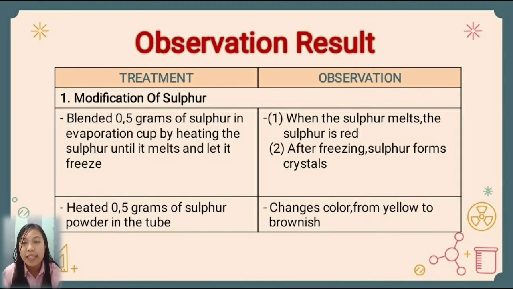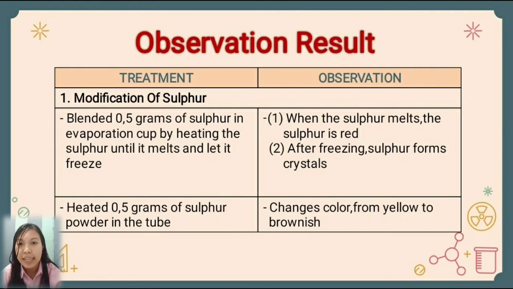Treatment one: blend 0.5 gram of sulfur in an evaporating cup by heating the sulfur until it melts and let it freeze. Observation: when the sulfur melts, the sulfur is red.